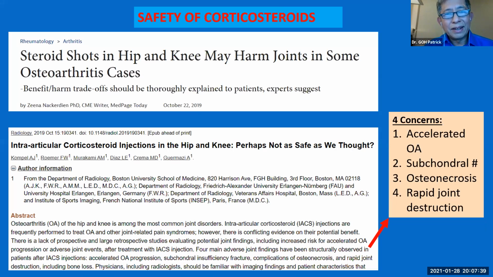It's probably because they are that effective, but I think we have to be cautious that they could, as expressed in this article, accelerate the osteoarthritis. They could be associated with subchondral fractures. They could be associated with osteonecrosis and a more rapid joint destruction on the whole. So I think that sums up the main concerns with steroids, at least from the orthopedic angle.